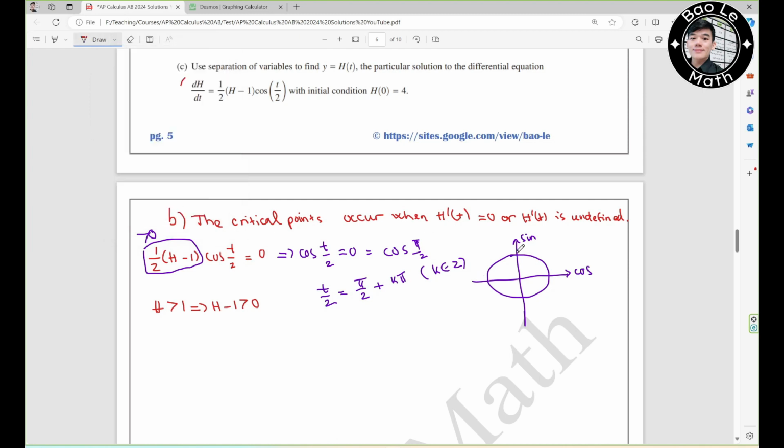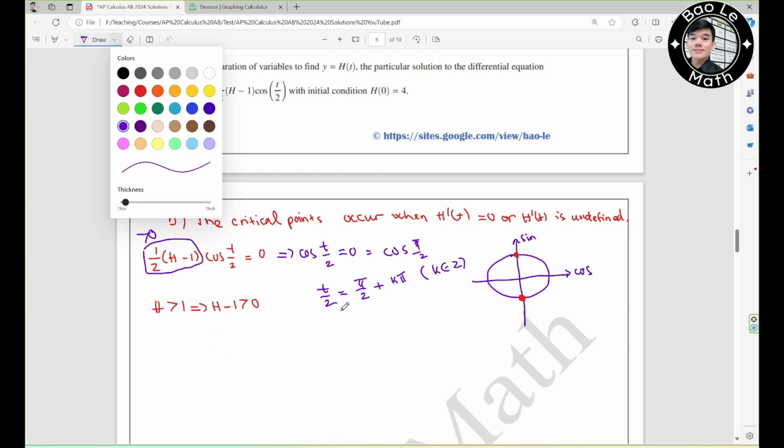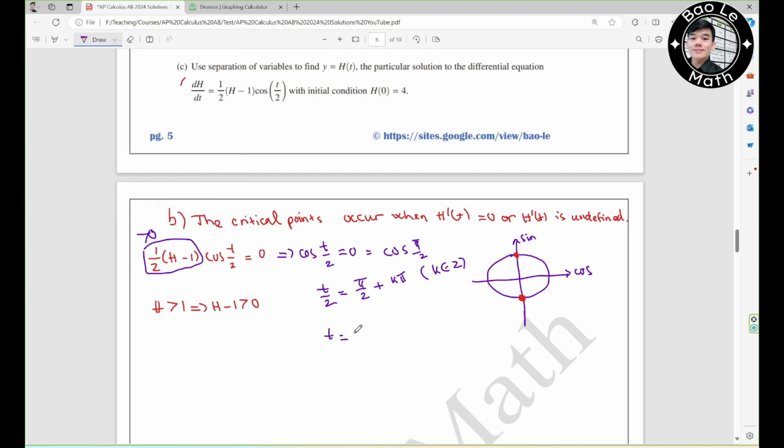Cosine equals 0 when the angle is pi over 2, 3 pi over 2. So with pi over 2 plus k pi, k equals 0 you get pi over 2, k equals 1 you get 3 pi over 2, and then 5 pi over 2. Now we multiply both sides by 2, so t equals pi plus 2 k pi. Now k equals 0, it's going to be pi. k equals 1, it's going to be 3 pi. k equals 2, it's going to be 5 pi, etc.